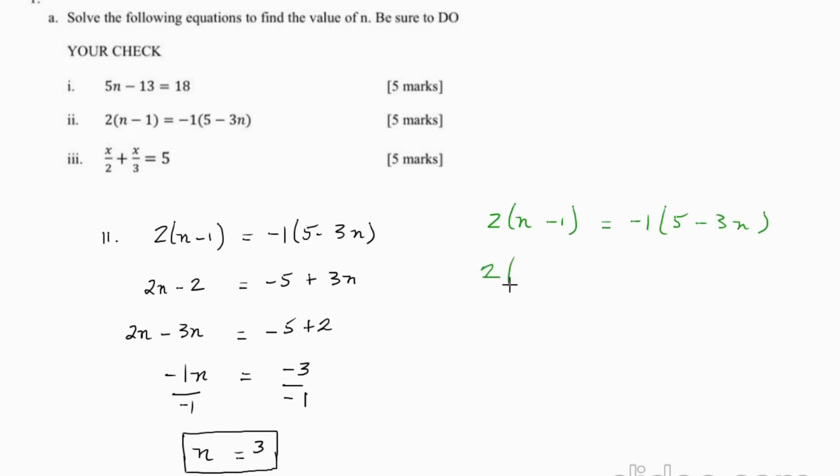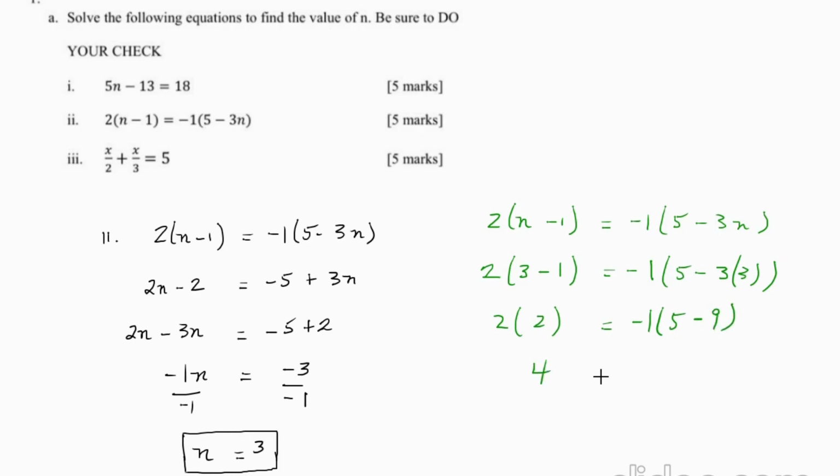So 2 times 3 minus 1 is equal to minus 1 times 5 minus 3n, and we said n was 3. So over here we have 3 minus 1 is 2. 2 multiplied by 2 is equal to minus 1 times 5 minus 9.